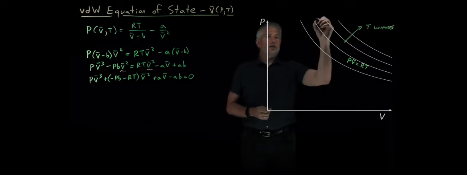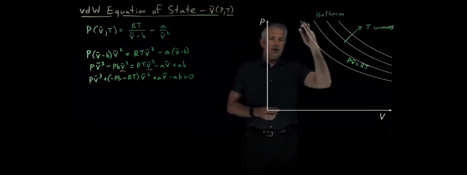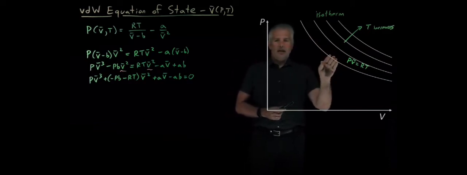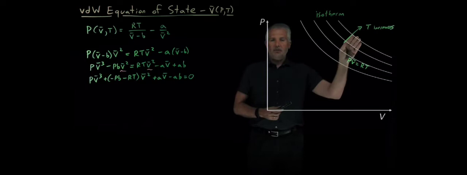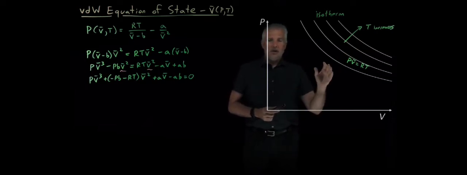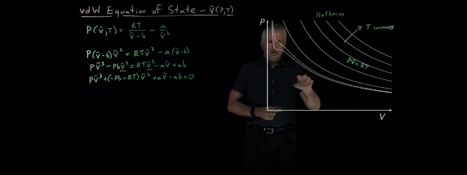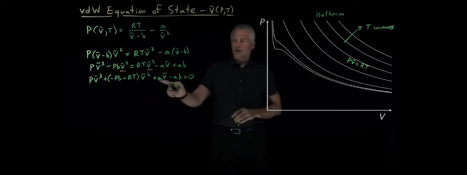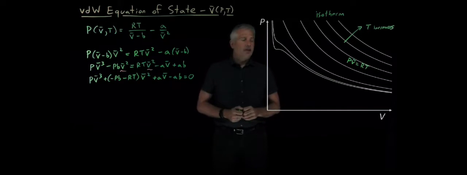Each of these curves is called an isotherm because at every point along one of these lines, we're at the same temperature. So I've got an isotherm at a relatively moderate temperature, and isotherms at higher temperatures. I can do the same thing for lower temperatures, so let's bring in a few more curves here at lower temperatures. And now we begin to see that the curves for the van der Waals gas are not behaving like we'd expect for the ideal gas.